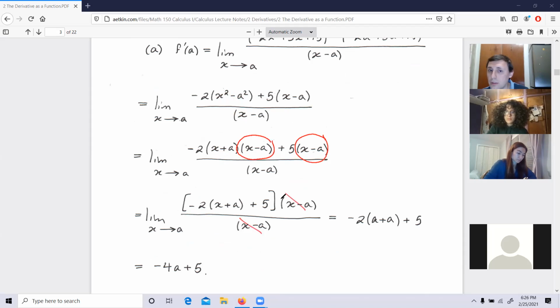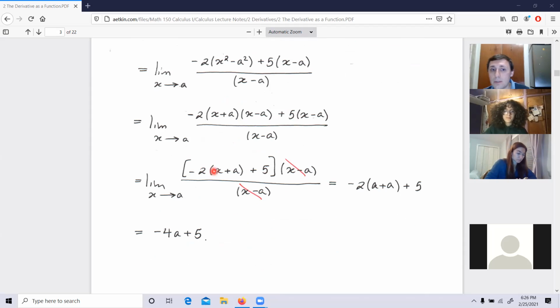I factor it out. And what am I getting, guys? I am getting minus 2x plus a plus 5 times x minus a. It's now a product divided by x minus a. I simplify x minus a and I push the limit. Now there is no longer a denominator or x minus a here. That's what we have left.